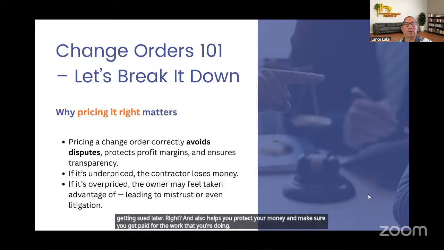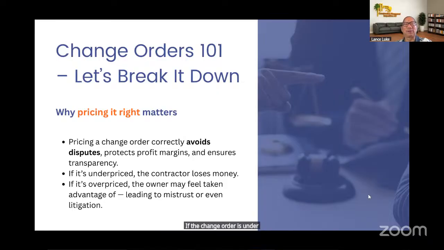If the change order is underpriced, the contractor loses money. For instance, in my $20 example, if it costs the contractor $30 to do that one work, but the change order is for $20, the contractor just lost $10.